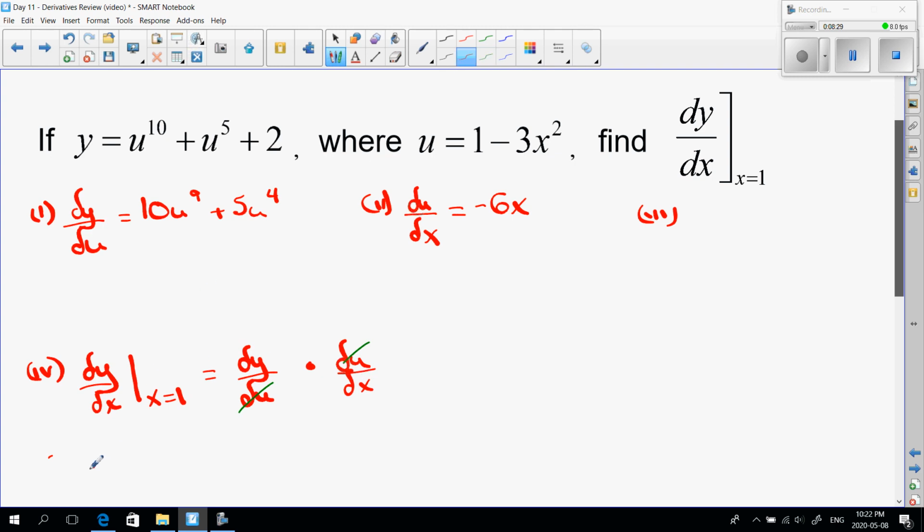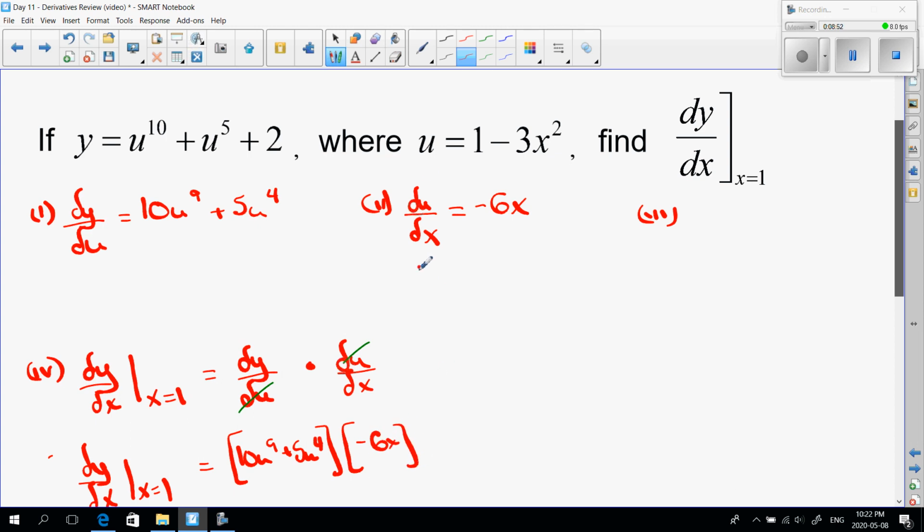Okay, so let's write this down. Dy over dx when x equals 1 is going to equal dy over du, so step 1. What did you get in step 1? It was 10u to the 9th plus 5u to the 4th times du over dx, that's negative 6x, that's step 2.